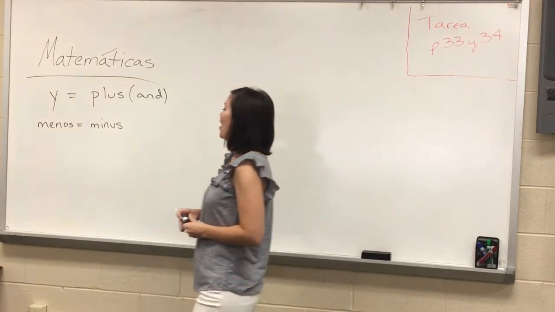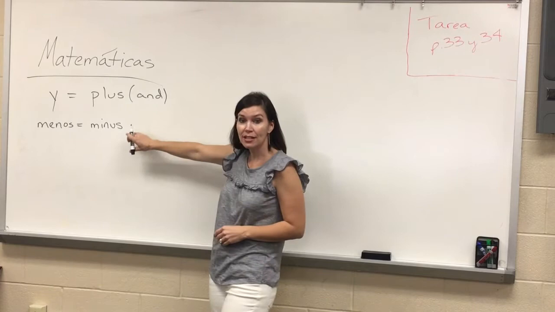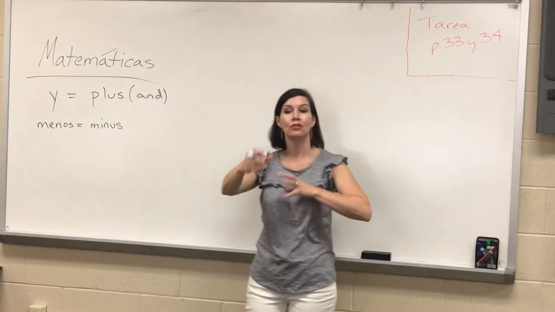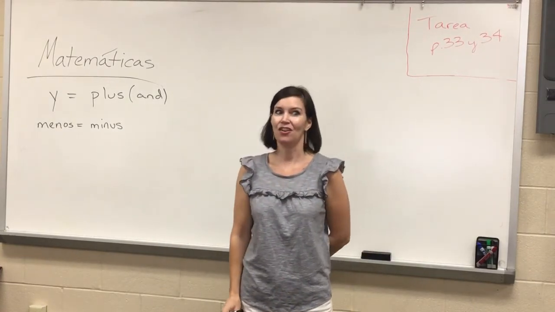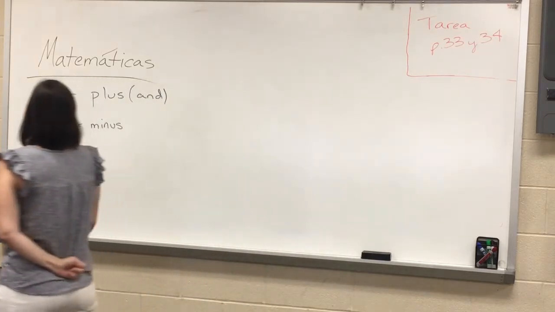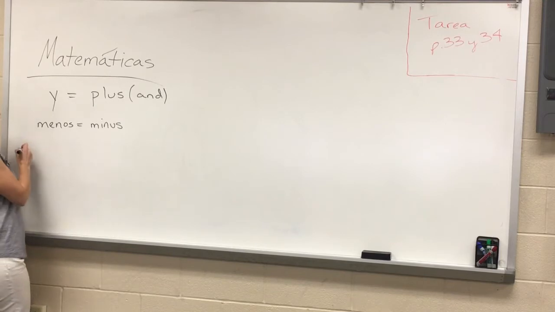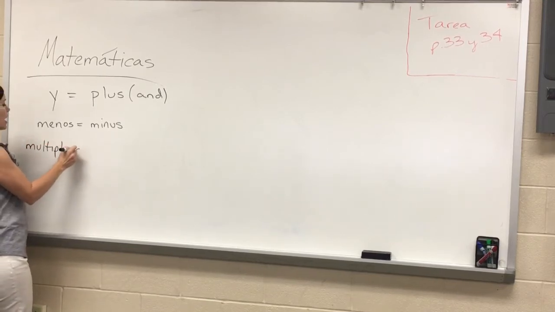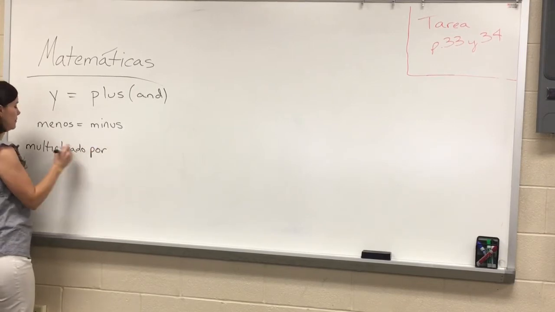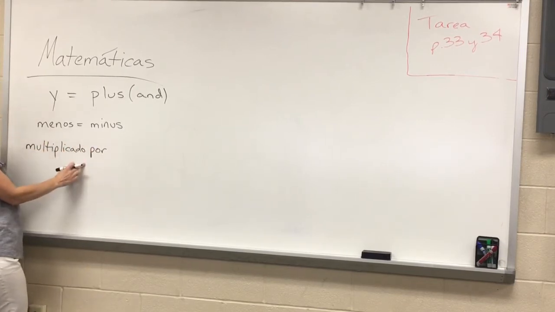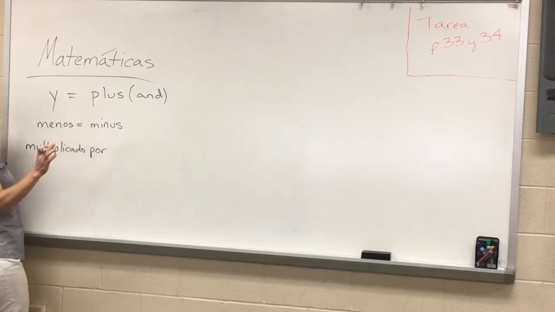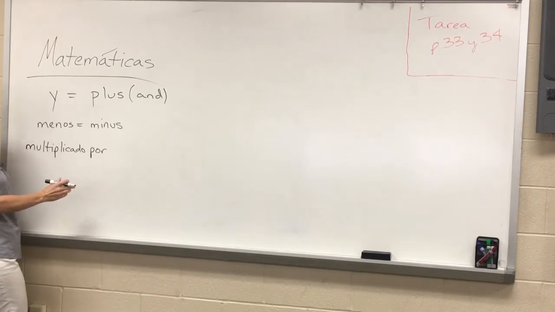Okay, so once you get your addition and your subtraction down, what do you usually move on to next? Multiplication. Now, the way you would write this all down in Spanish is multiplicado por. What do you think multiplicado means? Multiplied by. Now, let me show you something though. The multiplicado isn't usually there.